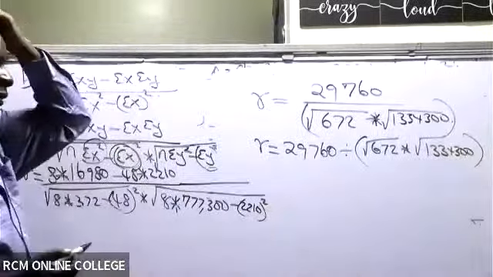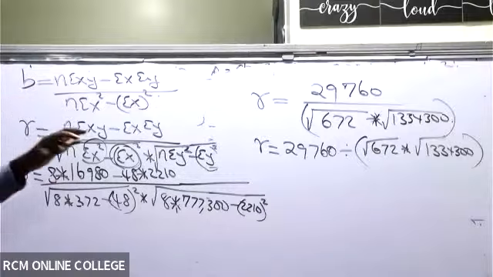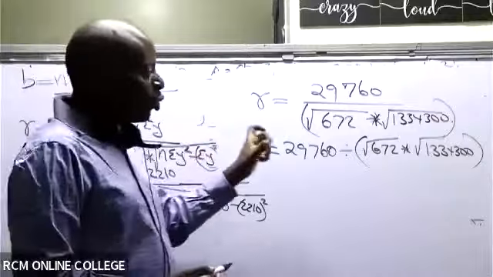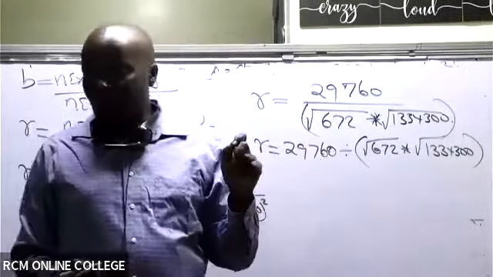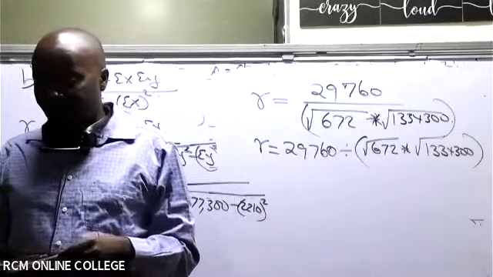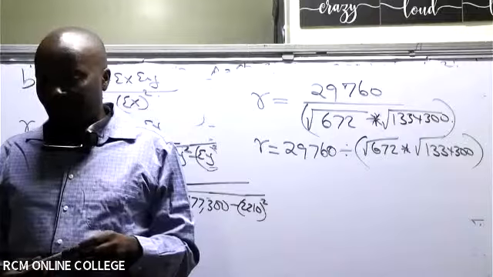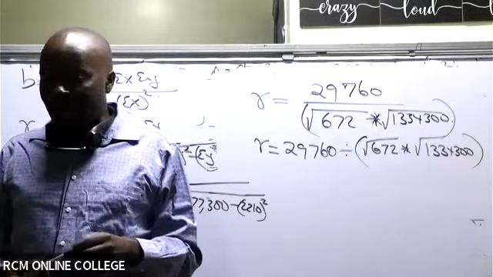So in your calculator, I want you to do it with one stroke. But remember to put the denominator into brackets. What are we getting, ladies and gentlemen, here as our R?